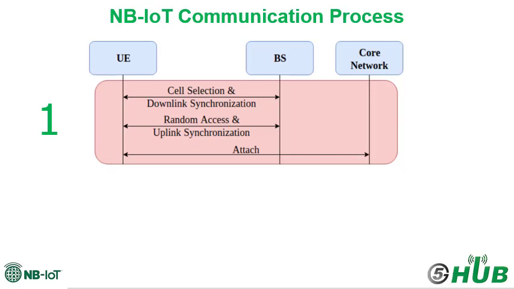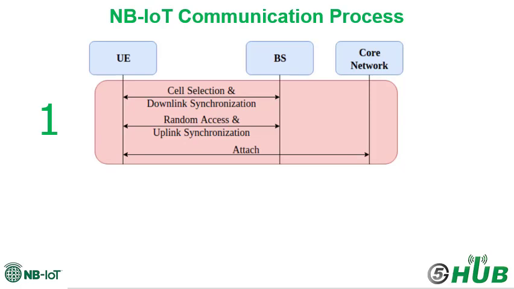For each identified preamble, the base station, or the site, replies with a random access response, as we discussed in the last video, that contains an uplink grant for the next transmission and the device-specific timing advance to control subsequent uplink transmission, or how much time in advance the device needs to start transmission, so that the site can receive the signal at the correct time.